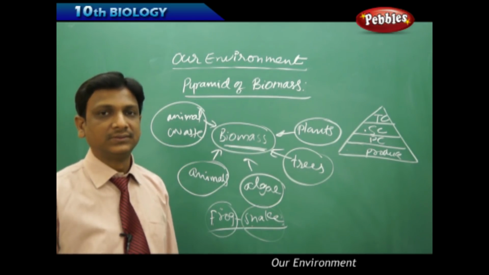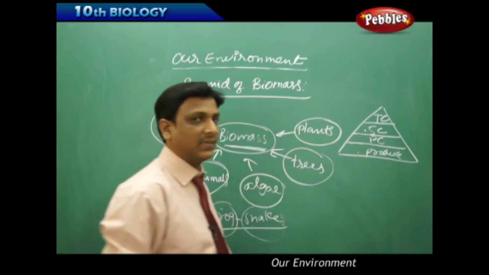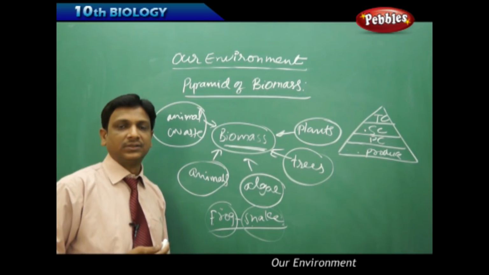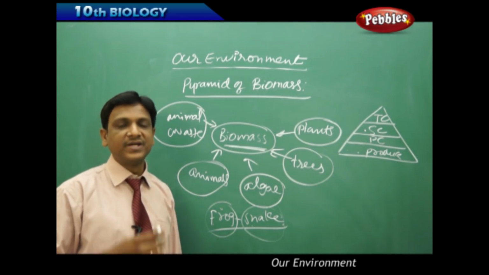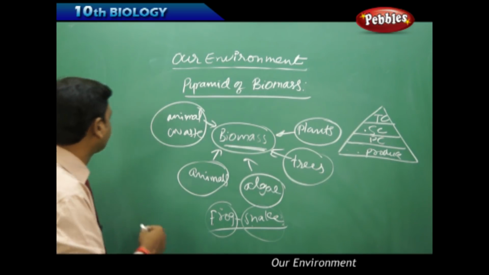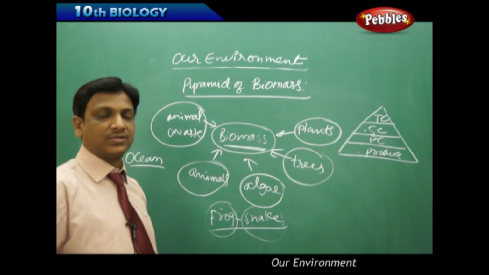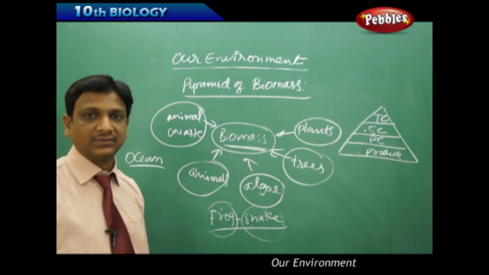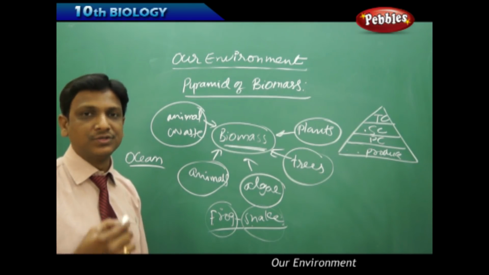And we know that always we keep the producers at the bottom, then primary consumer, secondary and tertiary consumer. But if we take this in case of an oceanic ecosystem, in ocean, so the plankton, if you see the plankton, that algae, which forms the producers.